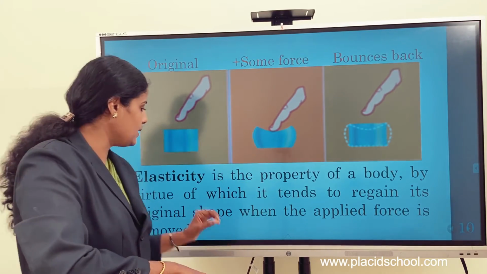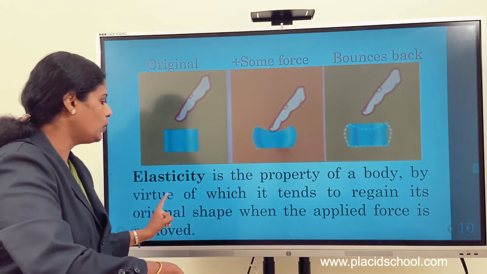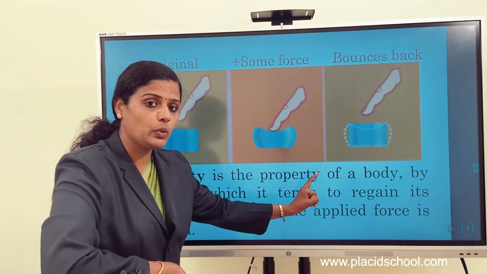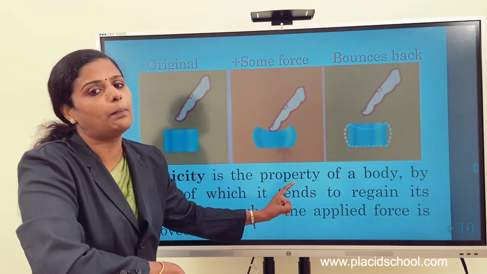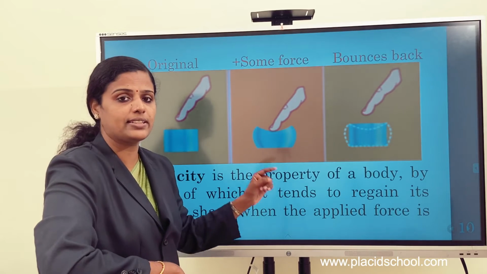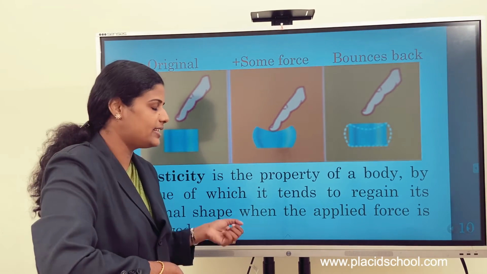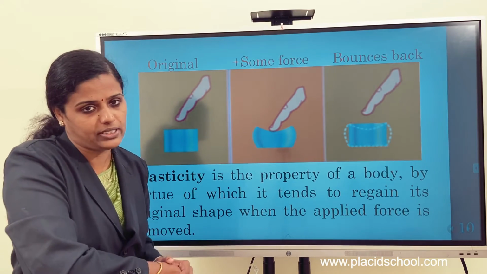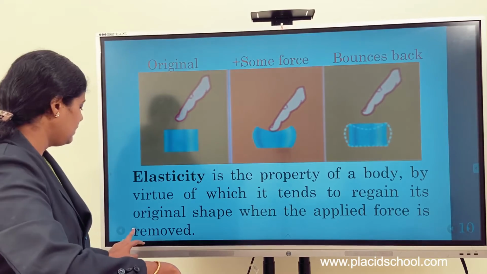So elasticity can be defined as the property of a material or body by virtue of which it tends to regain its original shape when the applied force is removed. When the applied force is removed and the body regains its original position, then we can say that it's an elastic material. So this is the property of elasticity.